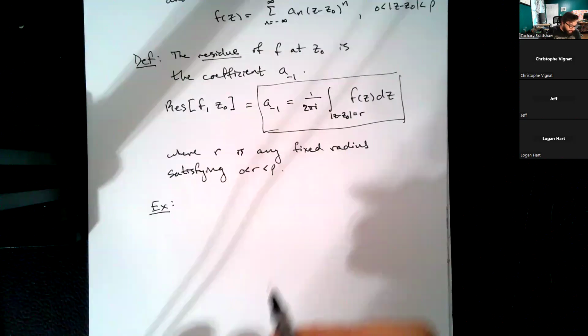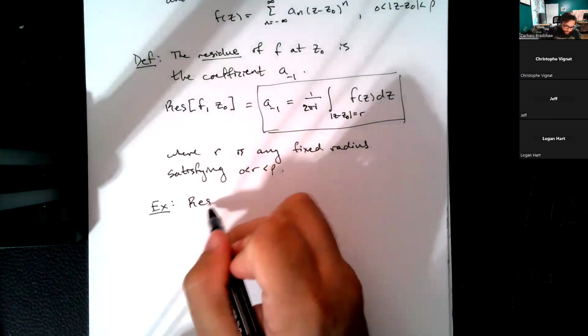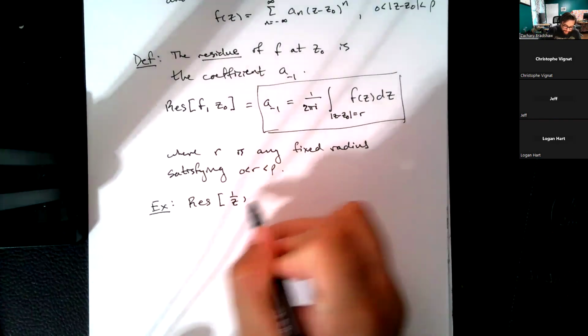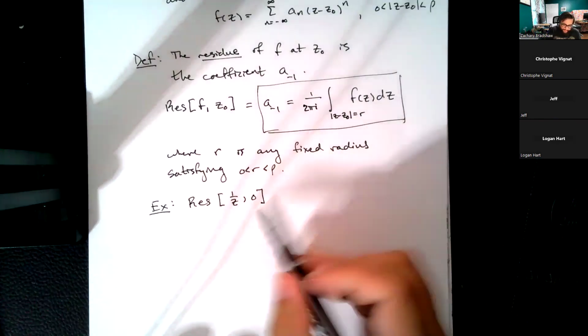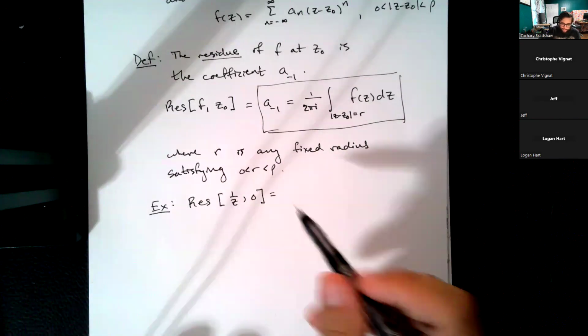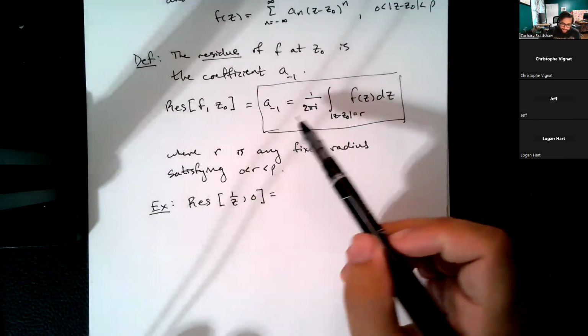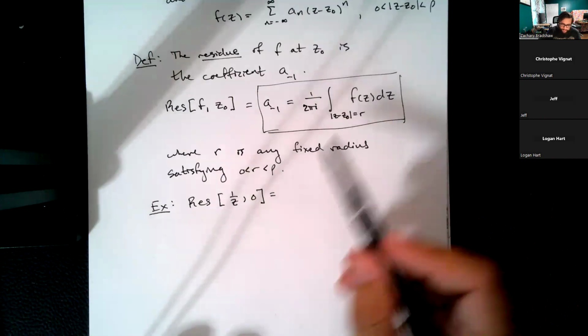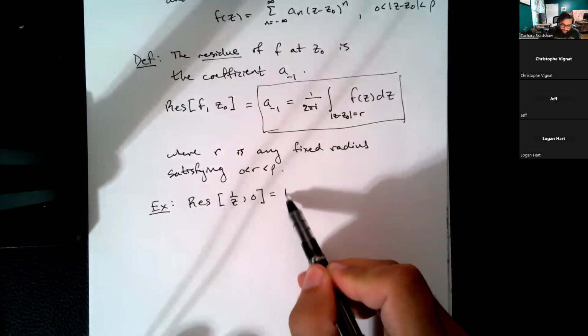Okay, so as an example, the residue of 1 over z at 0. 0 is indeed a singularity, and the residue is, well, what's the coefficient of the z to the minus 1 term? Well, it's just 1.